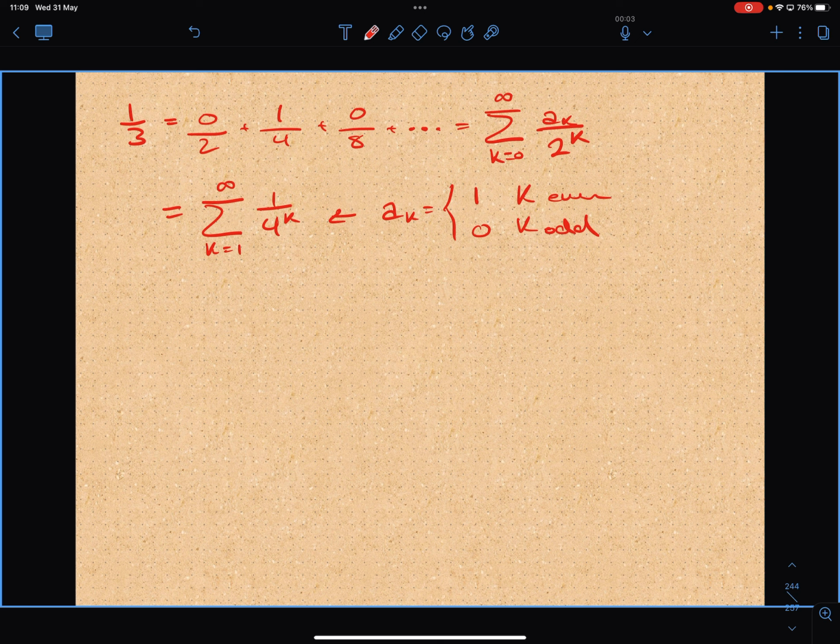So far, so good? This is a geometric series, and we can just compute this.